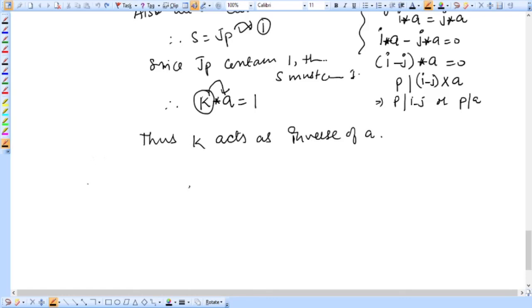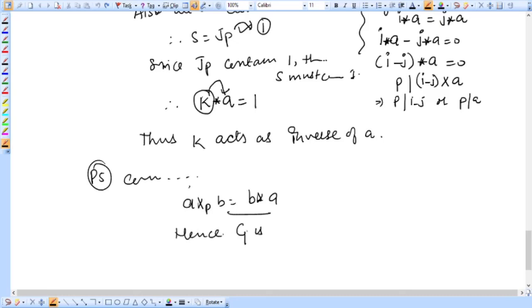Now property number 5, the commutative property. I have told this in the beginning. A multiplication modulo B is B multiplication modulo A, hence G or JP is a commutative group, or you can say a finite abelian group.